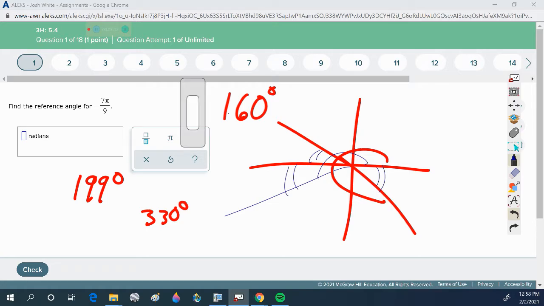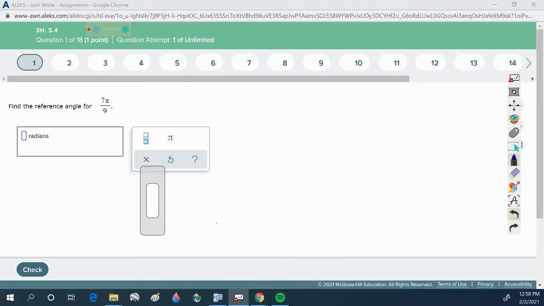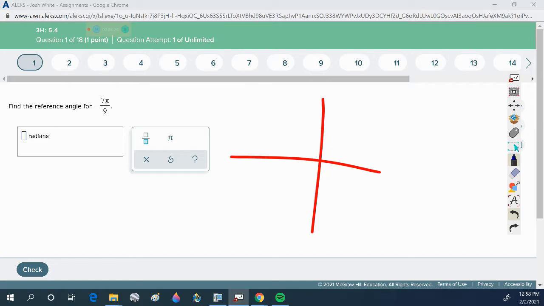In my opinion, it's actually a little bit easier to do reference angles in radians than in degrees, because the numbers are smaller. So, where is negative 7 pi over 9? It's not going to be on the unit circle. It's not one of the special ones. This is 0 or 2 pi, and this is pi. It's got to be in quadrant 3.